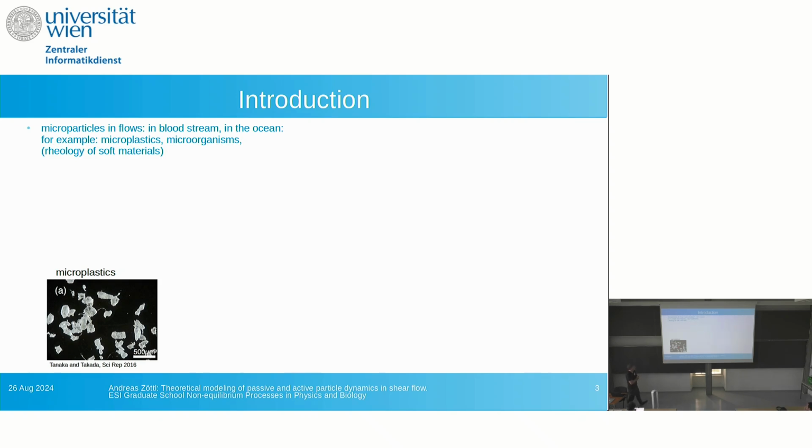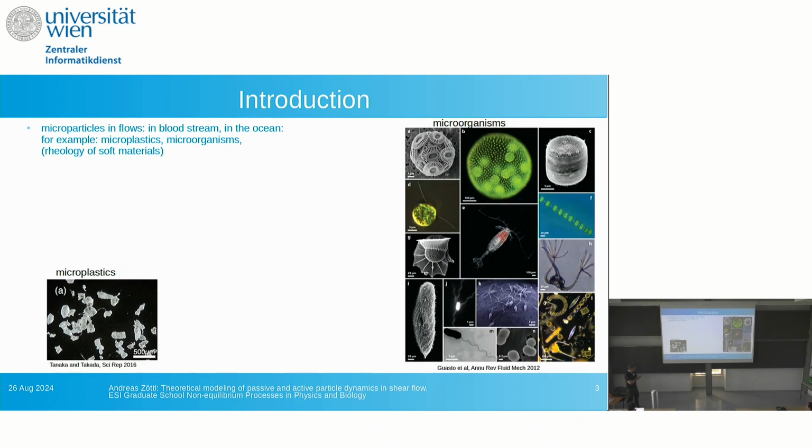These are micron-sized particles. Or here are many different microorganisms, and some of them are passive. They cannot swim, we say, and some are active, like these bacteria, which have this flagella, or ciliated organisms, algae with their cilia, or volvox, and so on.